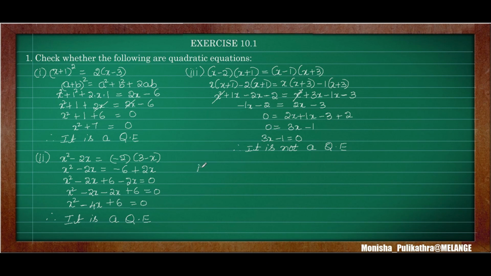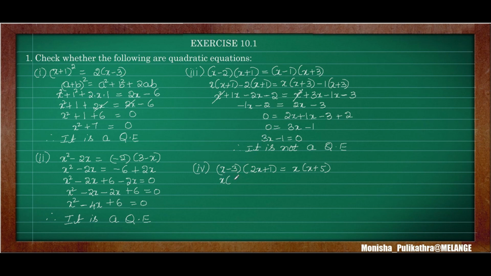So next, moving on to the fourth problem. The fourth problem is x minus 3, 2x plus 1 is equal to x into x plus 5.